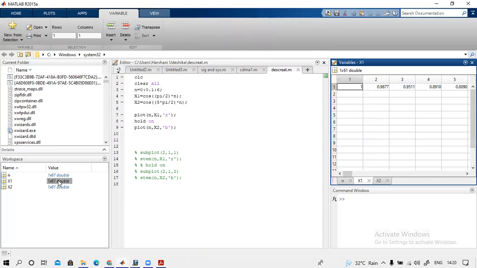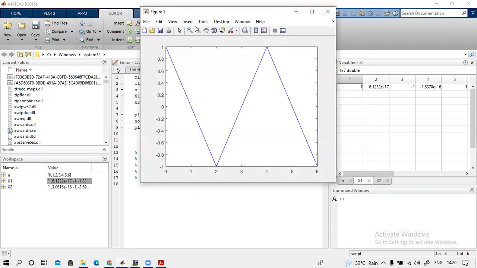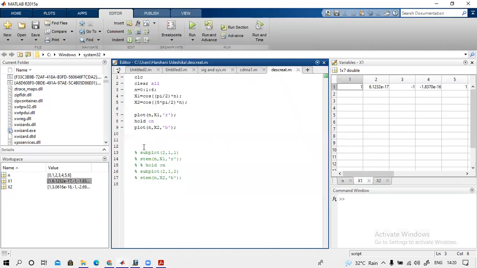X1, X2. Okay, if I plot using a subplot.